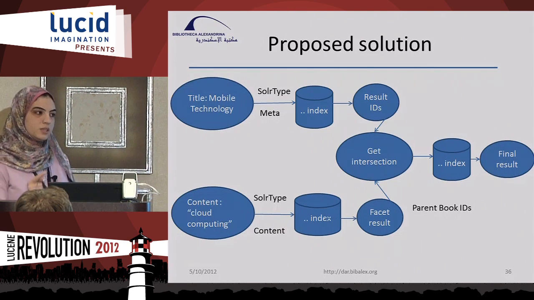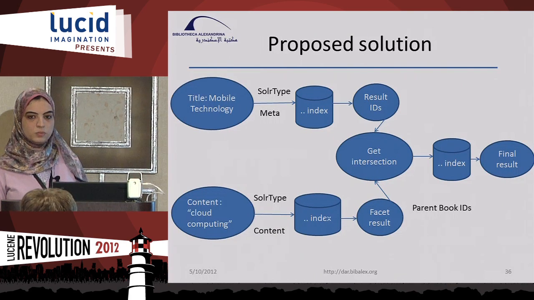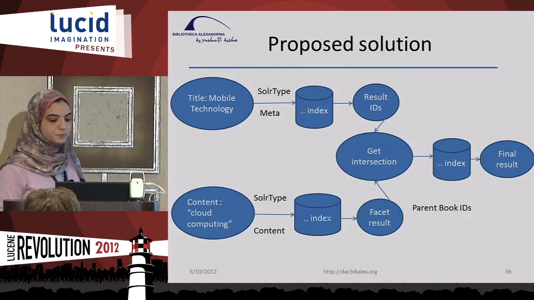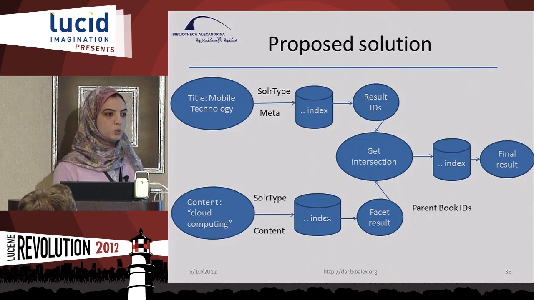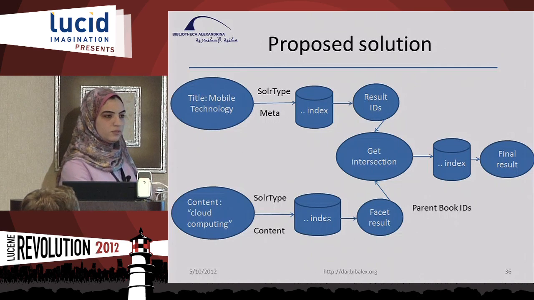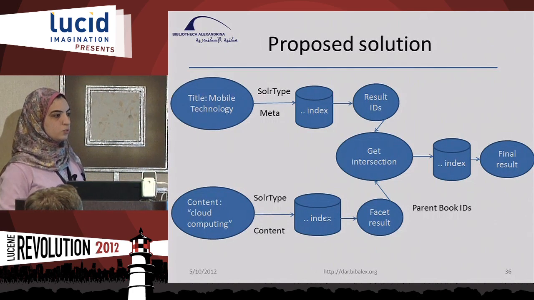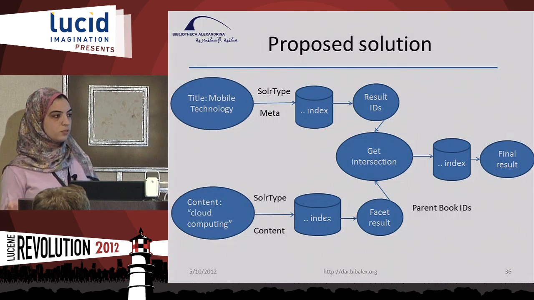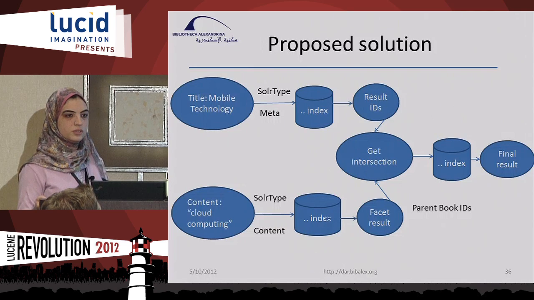So instead of getting the result ID directly, I will get the faceting by the ID of the book. Okay? After that, I'll get all these results and take the intersection between them, because I'm doing an advanced search with the AND operator. After that, I'll have to get the results from the index again for the metadata results to display them for the user.